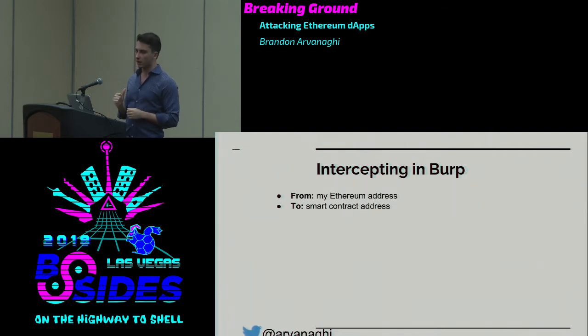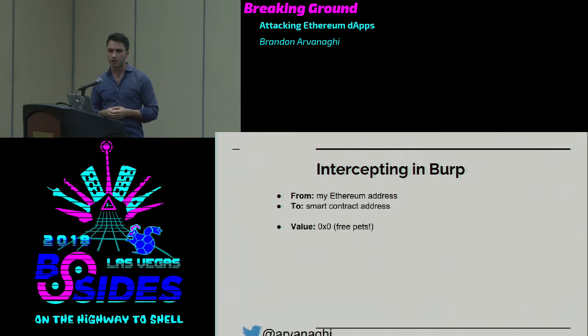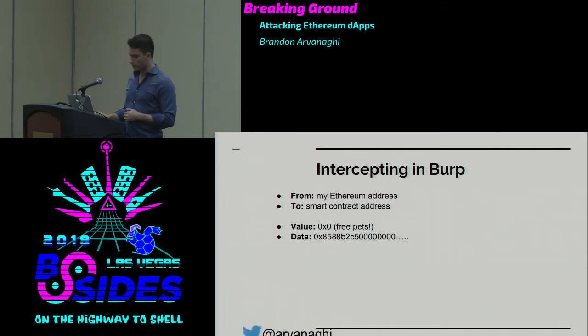From is my Ethereum address, the one that's being populated in the array. To is a smart contract address, the adoption contract that has the pet array. Value was 0 again because this contract didn't charge anything for the pets. And data was this hex value 85, etc.